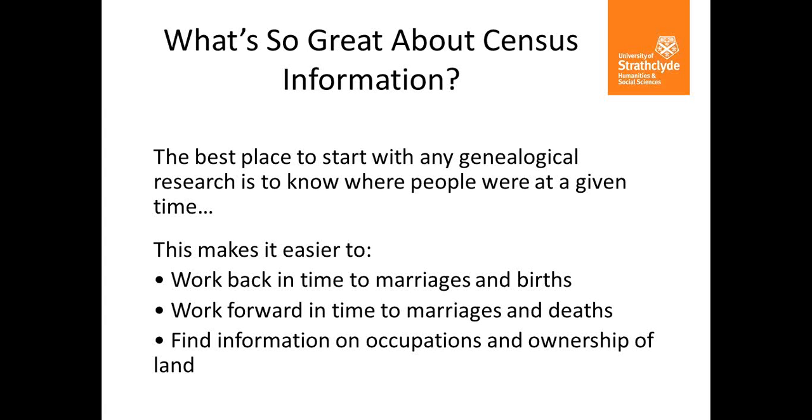It also gives you lots of information on occupations and whether or not they owned the land, although ownership of the land won't be specific in the census and you have to find that information out elsewhere. But it certainly gives you an address from which you can try and find out more.